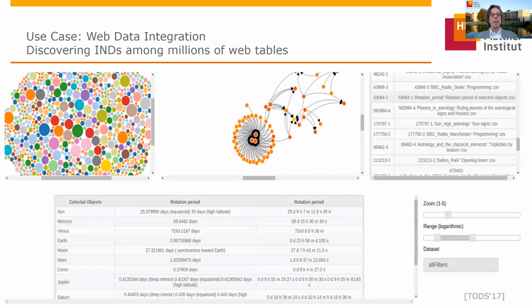So one quick use case for web data integration, we applied this to millions of web tables to see, can we join up all the web tables somehow? Right, and this is a tool that we built at the time. The colored circles are basically clusters of tables that fit together that I can join up. Right, the thinking is if I then join up all those tables within one of those clusters, I get all the information about the entities in that cluster.